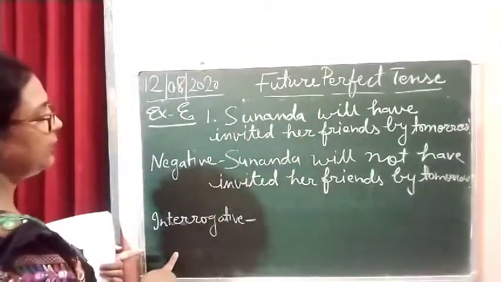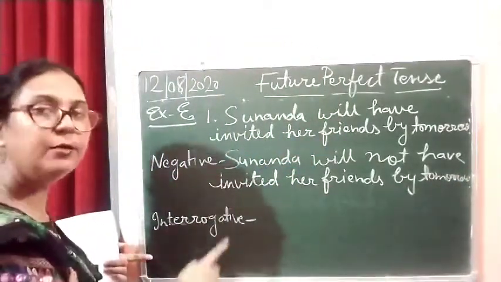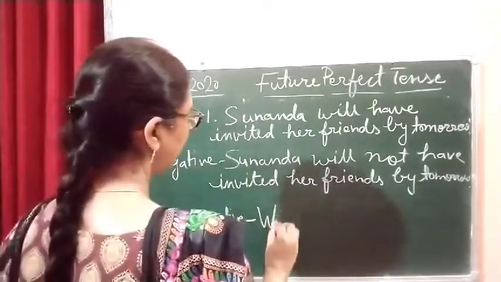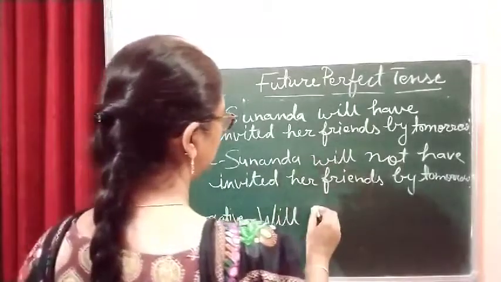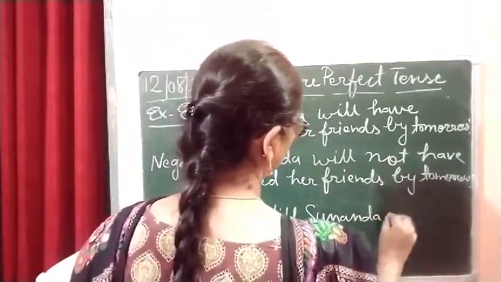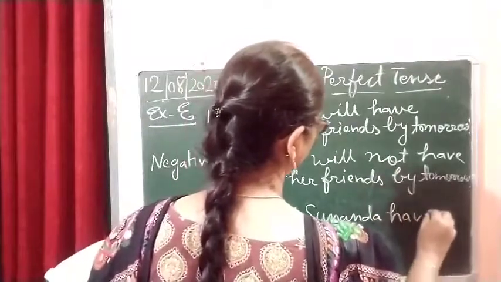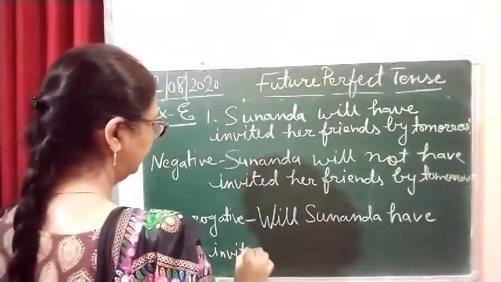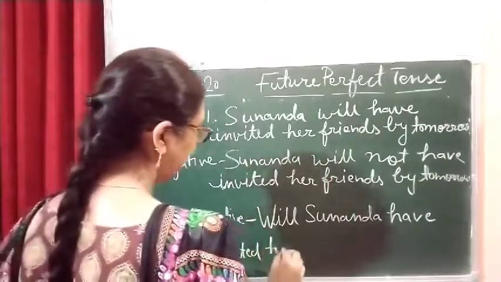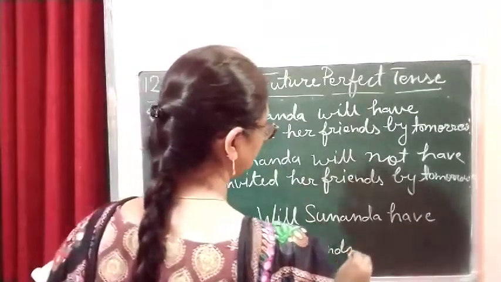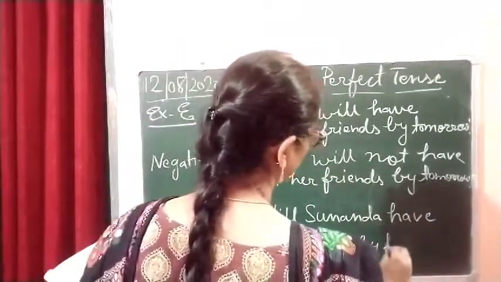In interrogative, what are we going to write over here? First of all, we are going to place will. Will Sunanda have invited her friends by tomorrow?